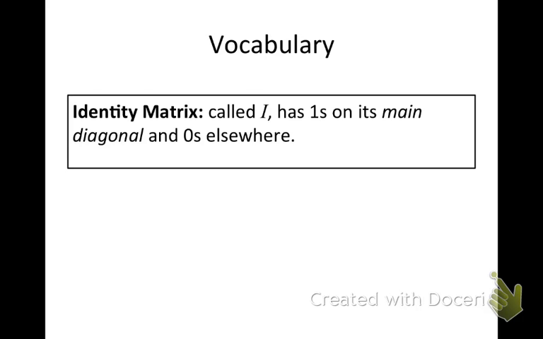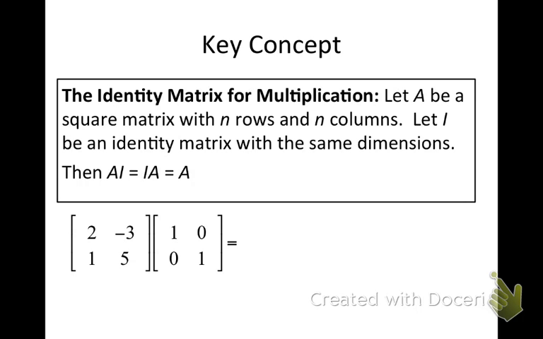Okay. All right, so when we find the identity matrix, what we're going to be doing is multiplying to show how the identity matrix will always get you back to that A.